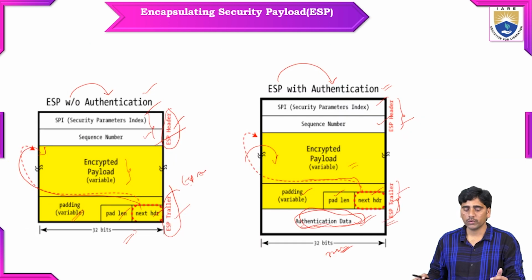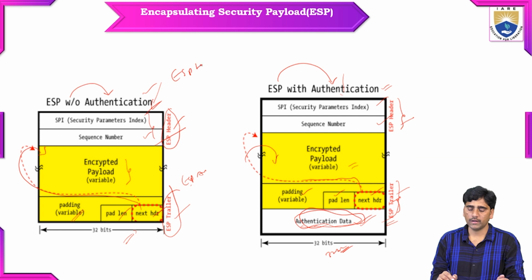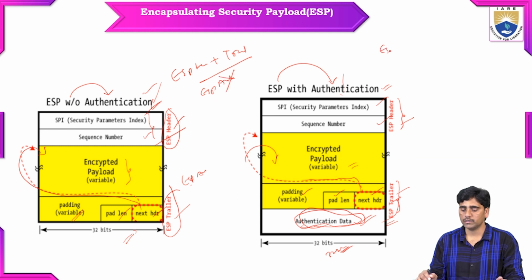Here we can observe ESP without authentication, and here ESP with the authentication field. This is ESP header plus trailer, but authentication is not there. But here ESP header plus ESP trailer, along with that, ESP authentication is also there.